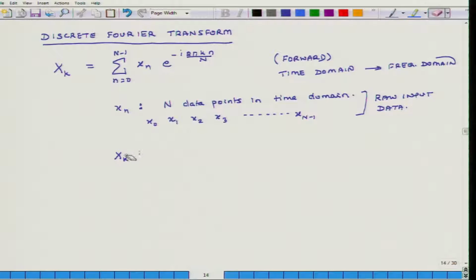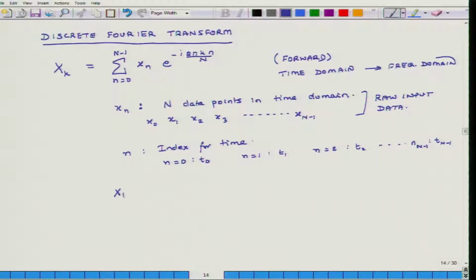Before I talk about x k, n is the index for time. n equals 0 means t0, n equals 1 means t1, n equals 2 means t2 and so on. Finally, n equals N minus 1 means t N minus 1. So, again there are N points. So, this is an index for time.